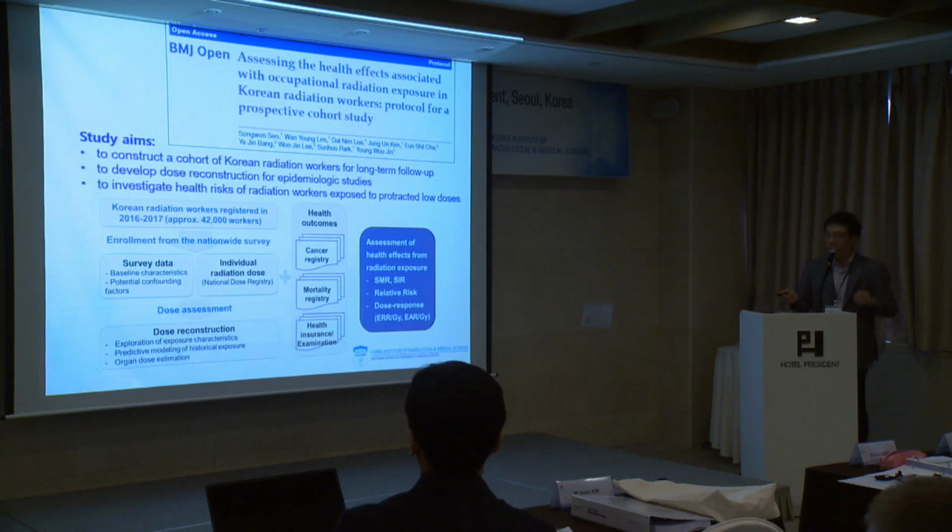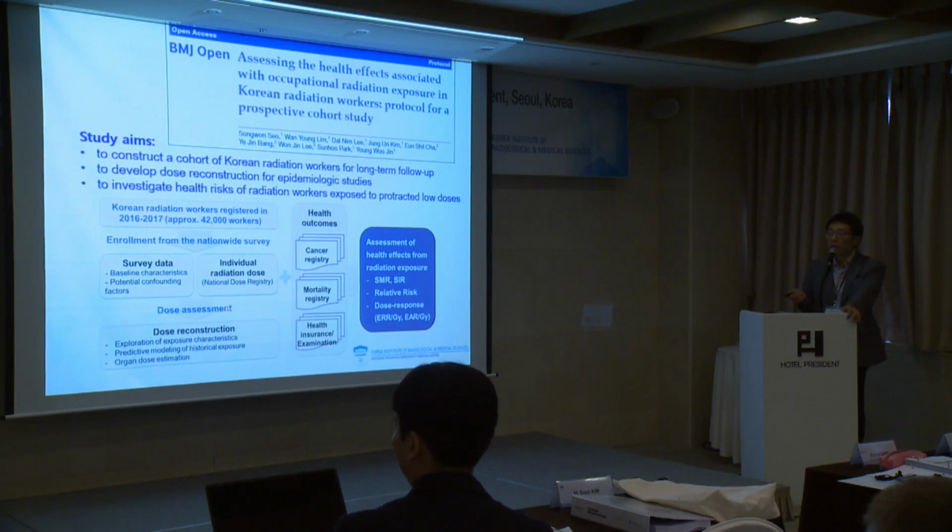Here is the basic scheme of our study design. We conducted a nationwide survey of 42,000 radiation workers, collected baseline information, and also received the individual radiation doses from the National Dose Registry.